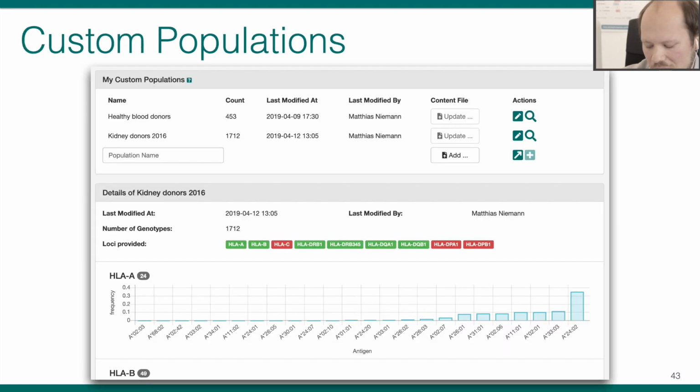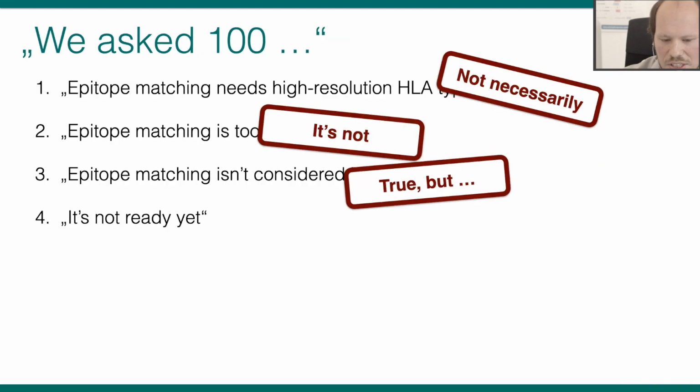So you need to keep that in mind. And basically, with the custom population feature, which is out there since last year, you can pretty well focus these analyses on your own custom local population and not just some generic one. So this is also clear.